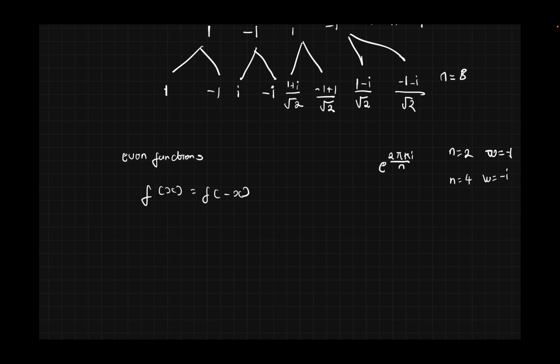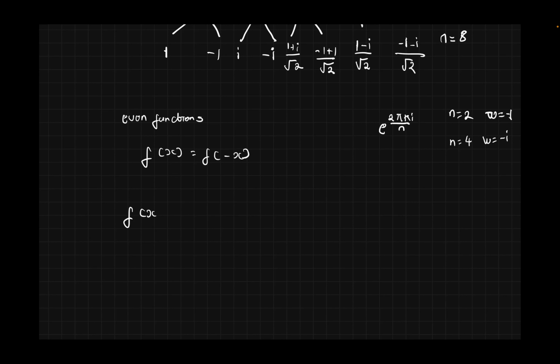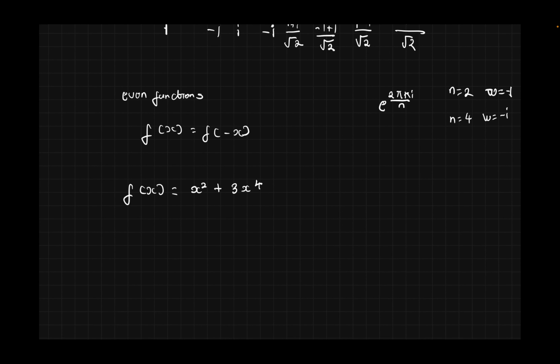For example, we can have a function f of x equal to x squared plus 3x raised to the power of 4. In this case, if you pass f of a in here, you're going to get a squared plus 3a raised to the power of 4, right? And if you pass f of minus a, you're going to get minus a squared plus 3 into minus a raised to the power of 4. But a negative sign raised to an even power gets rid of that negative sign. So this is going to collapse down to what?